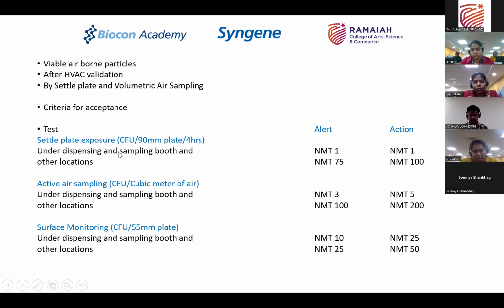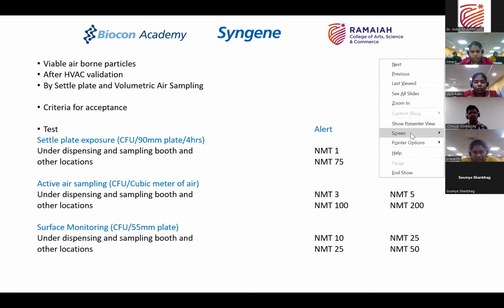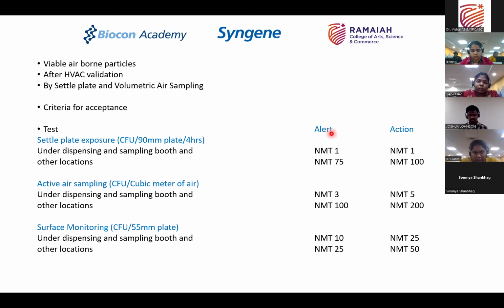In the dispensing areas or in the sampling booth where the sampling is happening or where the product is dispensed. So what are the limits? There are two indications. What are those two indications? One is the alert. One is alert, which means when the count is at a particular level, you should be alert.